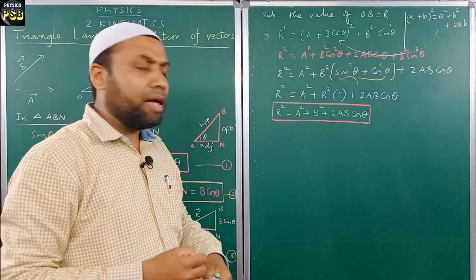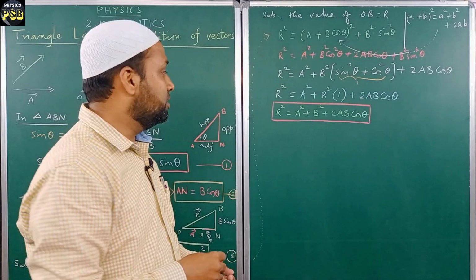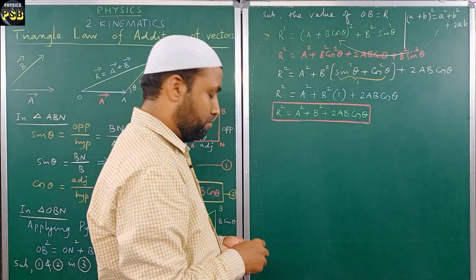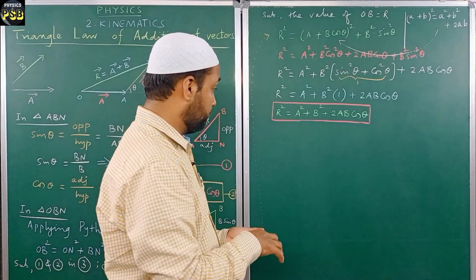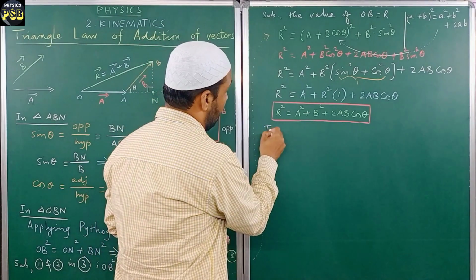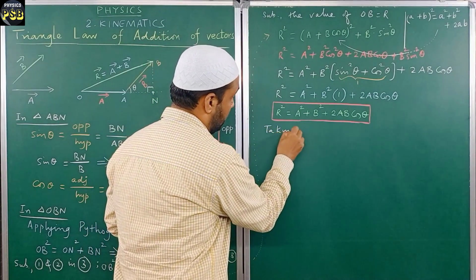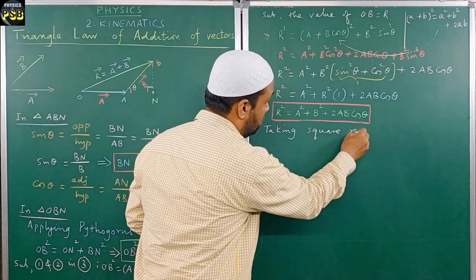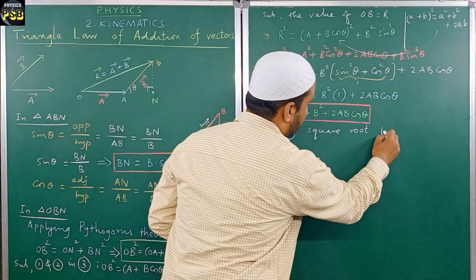Now I can go one step further. From this, the R value can be obtained by taking the square root on both sides.